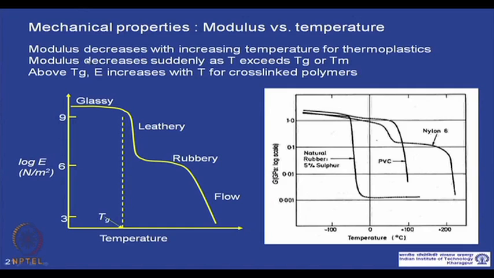Generally, modulus decreases with increasing temperature for thermoplastics, and at Tg and Tm the modulus decreases suddenly when T exceeds Tg and Tm. With increasing crystallinity in semi crystalline polymers, modulus goes up, and also for cross-linked polymers, with increasing degree of cross-linking the modulus goes up.